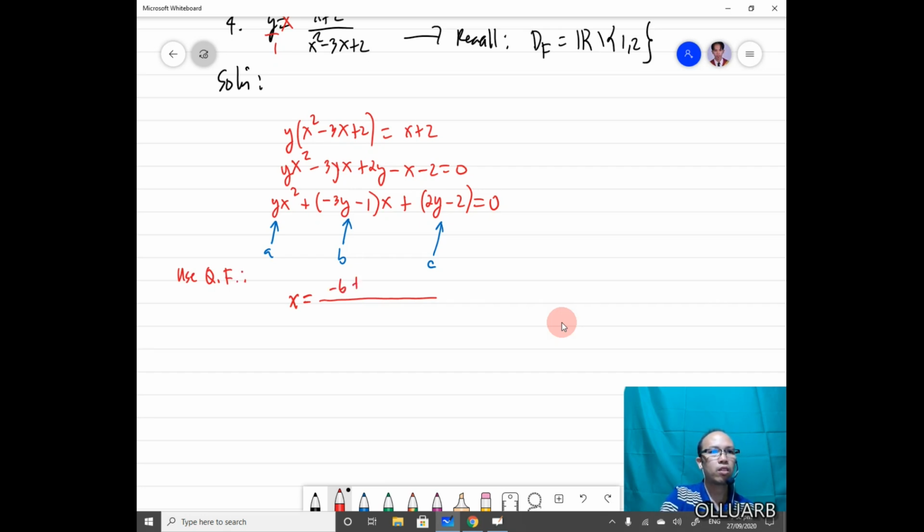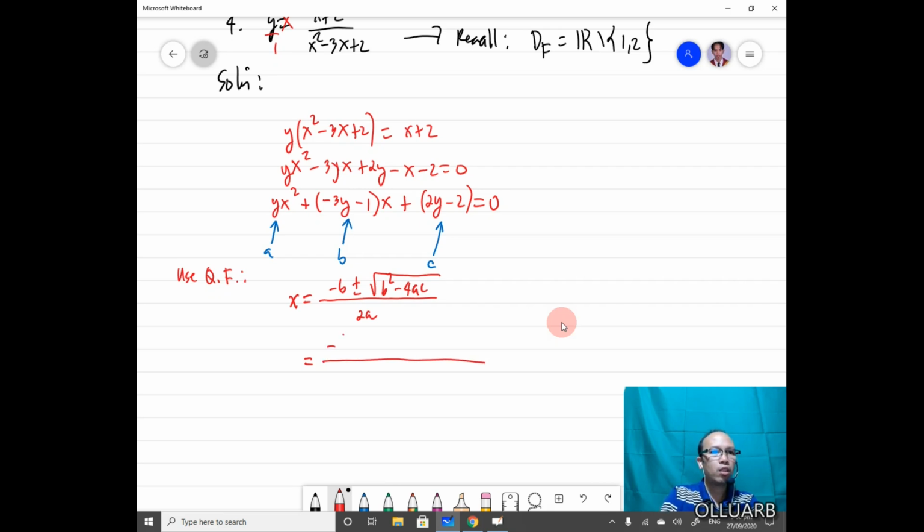Let's write it again, for those students who forget: negative B plus or minus the square root of B squared minus 4AC, over 2A. So substitute.